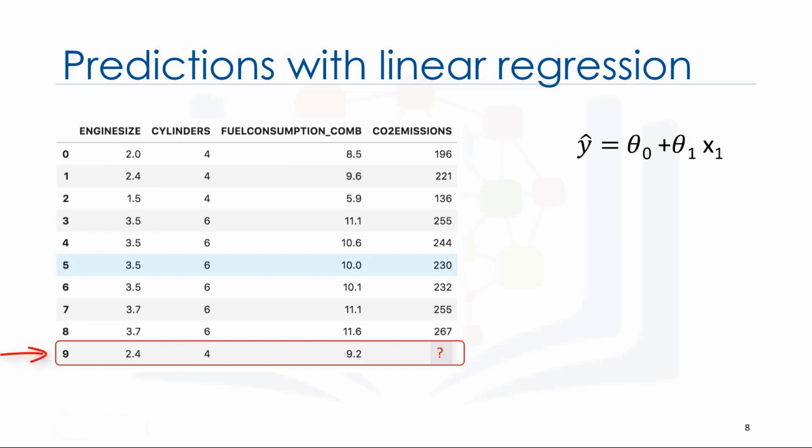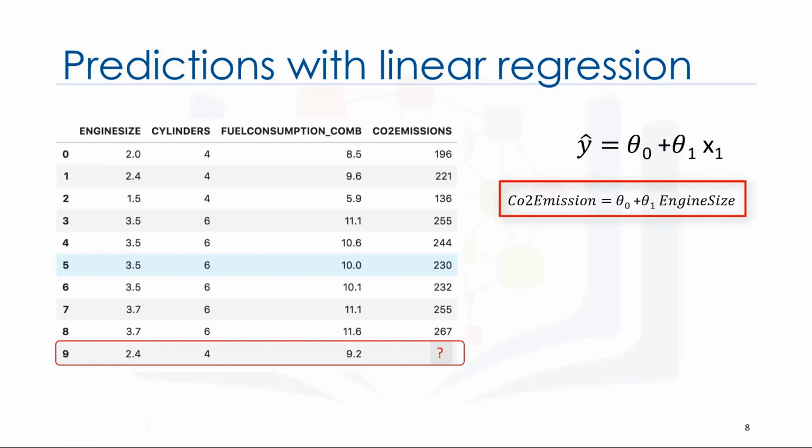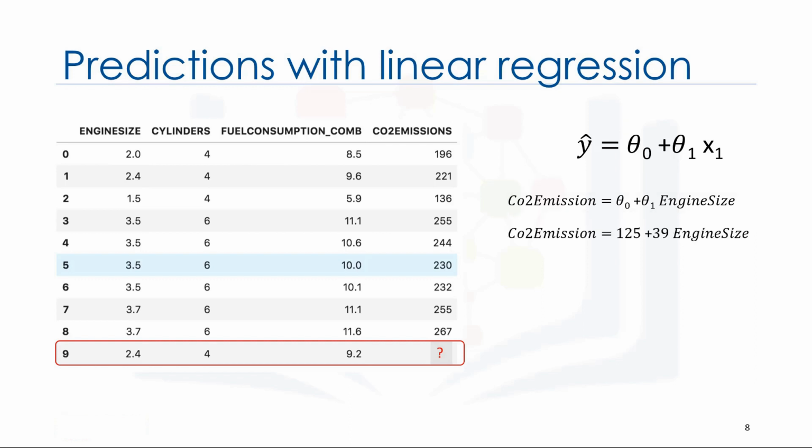Our linear regression model representation for this problem would be y hat equals theta 0 plus theta 1 x1. Or, if we map it to our data set, it would be CO2 emission equals theta 0 plus theta 1 engine size. As we saw, we can find theta 0, theta 1 using the equations that we just talked about.